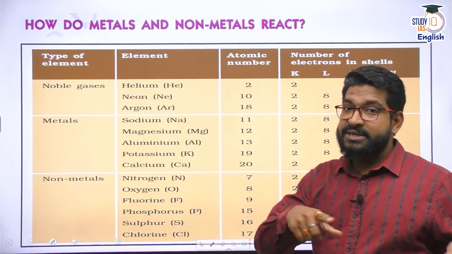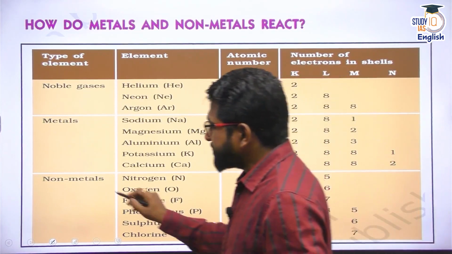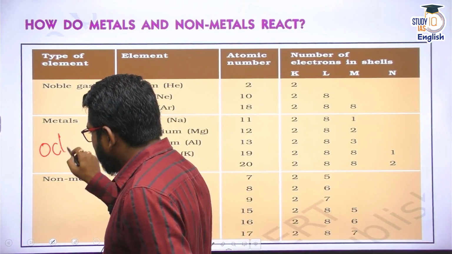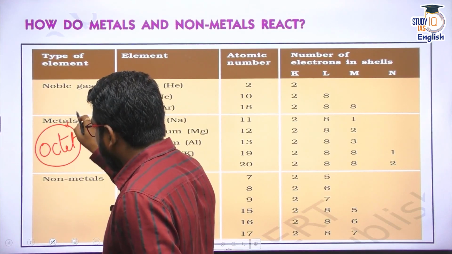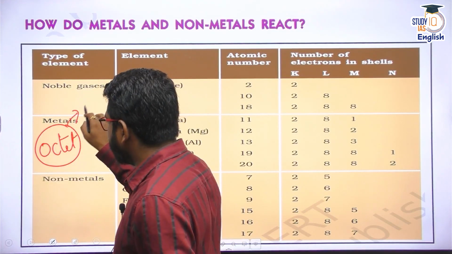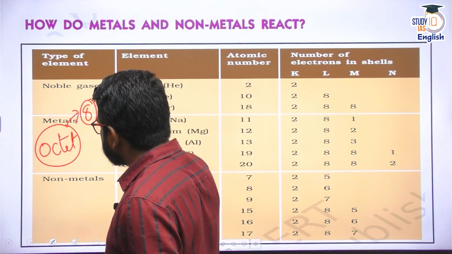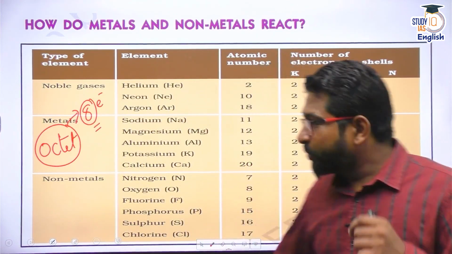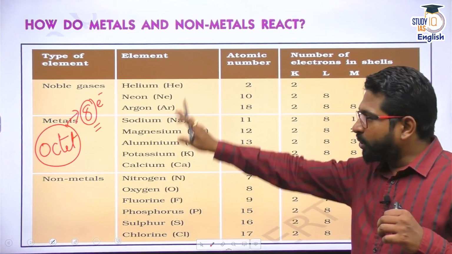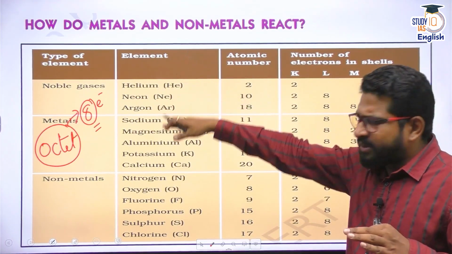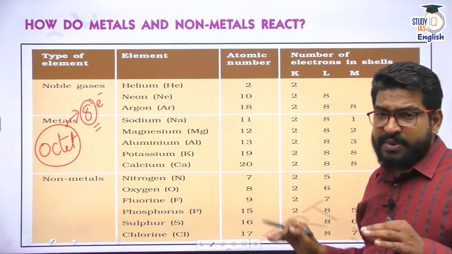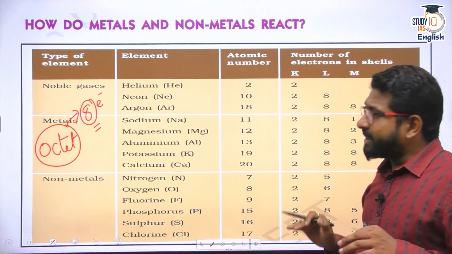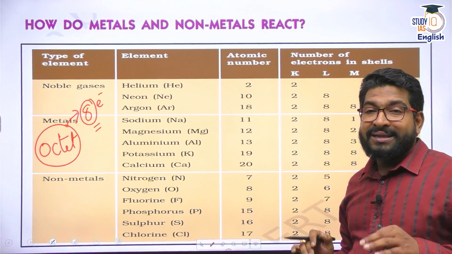Now, we have discussed in our previous interaction the concept of octet. What is this octet? Octet means having, or completely fulfilling, 8 electrons in the outermost shell of a metal or a non-metal. If you look at the electron configuration of some of the gases, noble gases like helium, neon, argon, they seldom react.